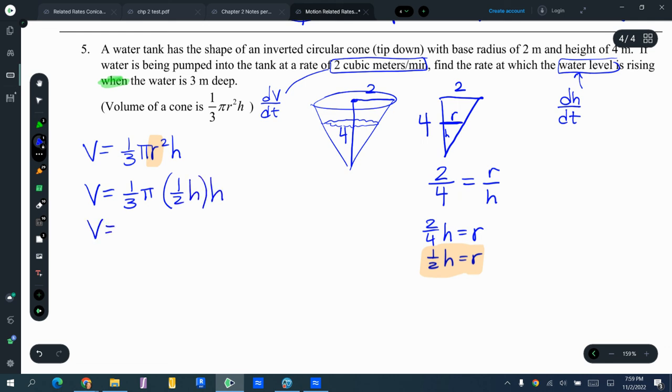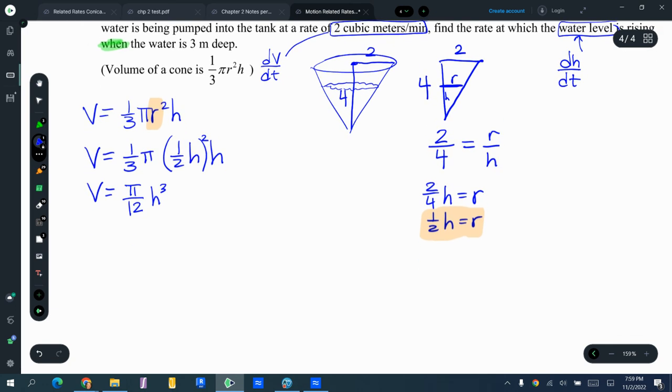And by the time you clean all this up, excuse me, I forgot my square. Sometimes I do that. 1/2 when you square it is 1/4. 1/4 times 1/3 is 1/12. So pi over 12 is the constant. And that's going to be h squared times another h, which is h cubed.